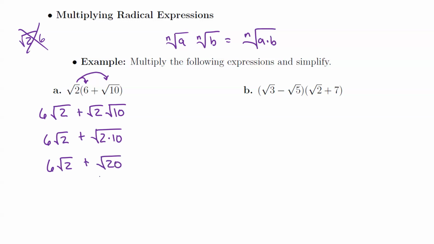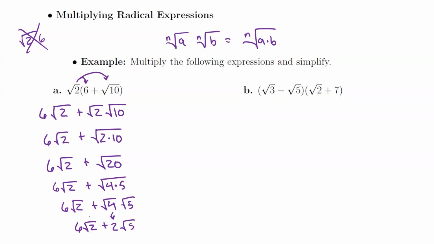Now we are responsible for making sure that our radicals are simplified, so we look for perfect squares, and yes, there is a perfect square factor of 20, right? 4. So we end up with this. So our final answer would be 6 square root of 2 plus 2 square roots of 5.